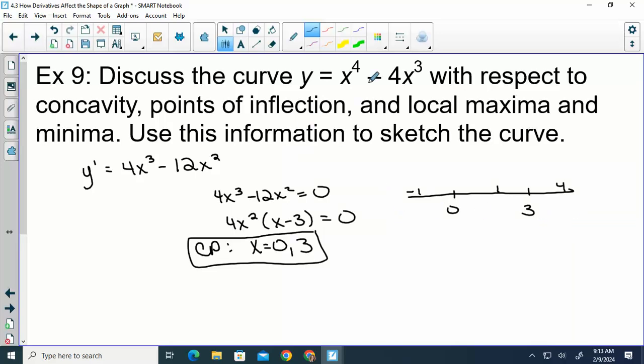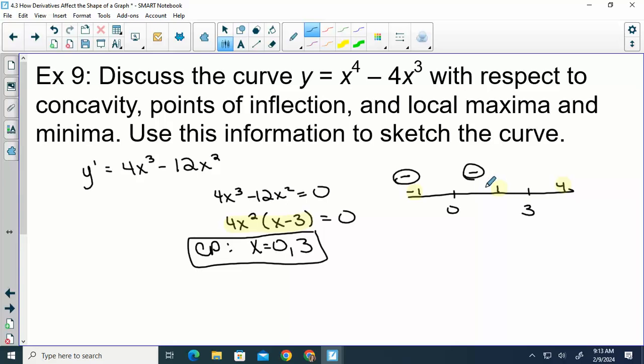Okay, so we can put them in the original, the factored one, especially if you're not using a calculator, it's probably easier to do the factored one. 4 is positive, negative 1 squared is positive, negative 1 minus 3 is negative, so that would be negative. If I put in a 1, 4 times 1 squared is positive, 1 minus 3 is negative, and a positive times a negative is also negative.